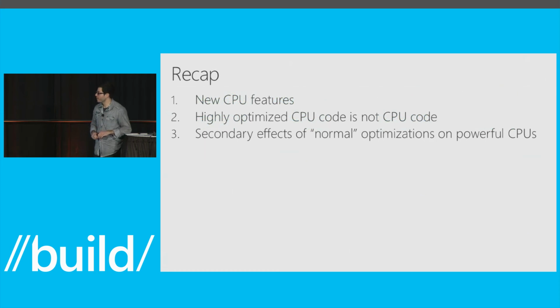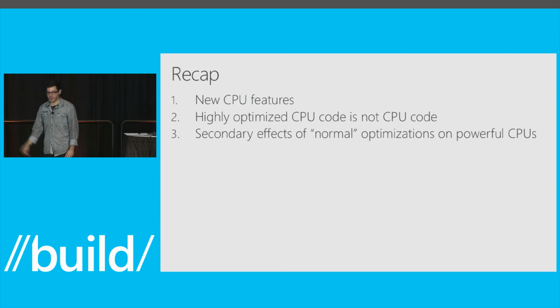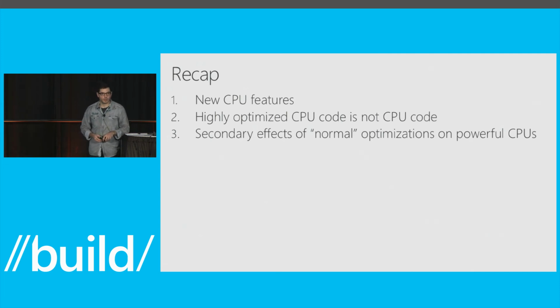The 3 things we spoke about: new CPU features, right? FMA on paper sounds free. You can do a multiply and an add in exactly the same amount of time it used to take to do just a multiply. You get this extra for free, and I like free stuff, so let's go and do it. But it's not that simple. The statement about performance that highly optimized CPU code isn't, I think is kind of cool. It's really a matter of focusing on memory, and anywhere you can divert resources for performance work to make memory better, to make cache accesses better, to reduce your working set size, to keep hot data together.